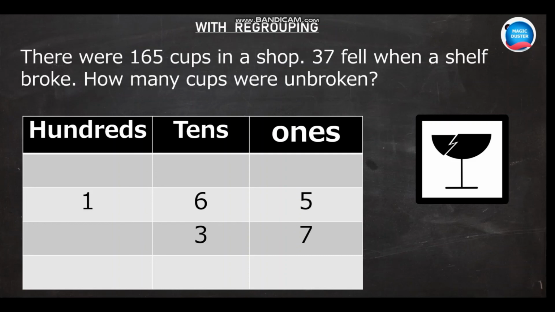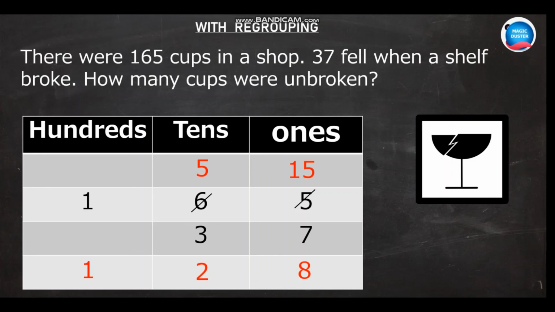Is it possible? No. So I'm going to borrow from the tens. So tens has 6 notes. If he gave 1, he will become 5 and I will become 15. So 15 minus 7 is 8. 5 minus 3 is 2. And in the hundreds column, I didn't have any number to subtract from, so 1 is 1.